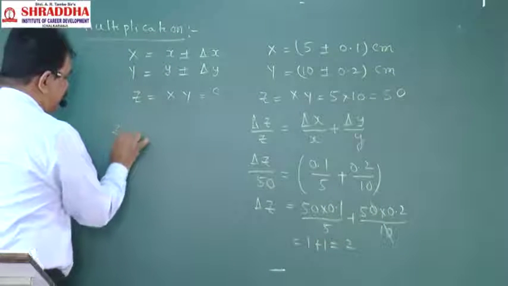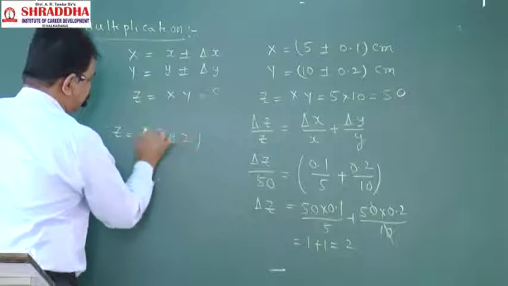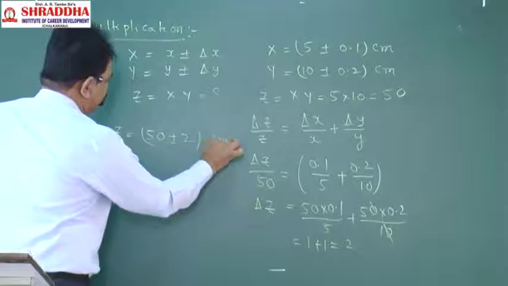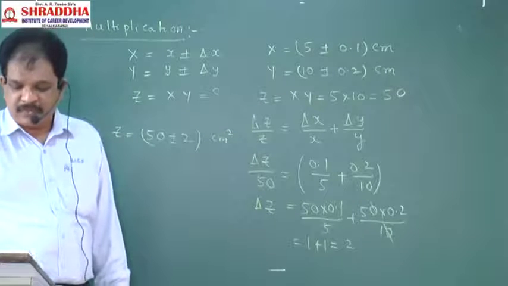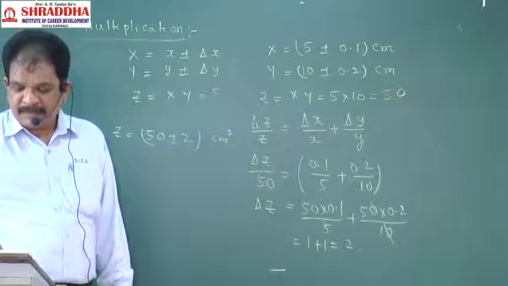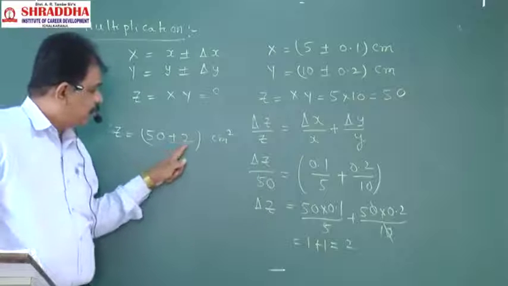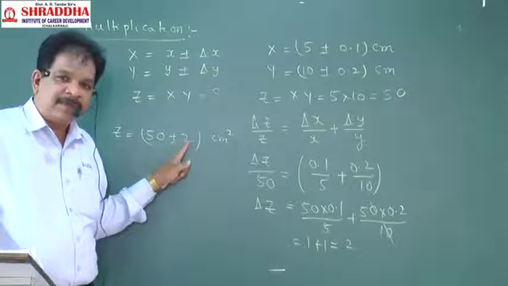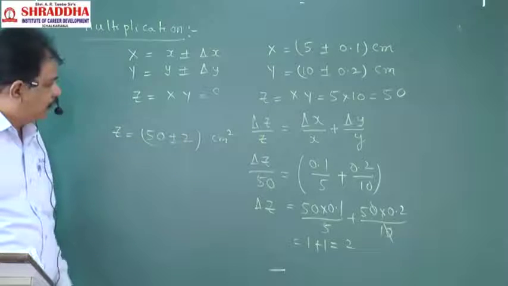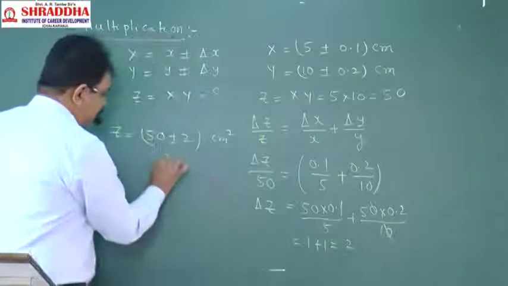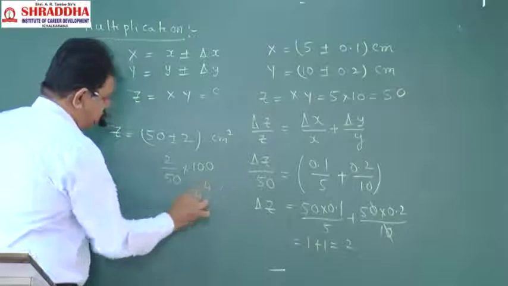So what is the z value here? 50 plus or minus 2. That is the z value if we define z is equal to x into y. This is the method we have to follow here. Sometimes they will give it in terms of percentages. Percentages means 2 by 50 into 100, this will be 4%.